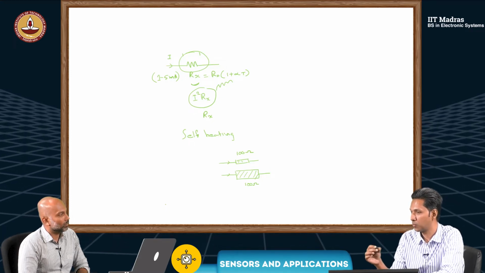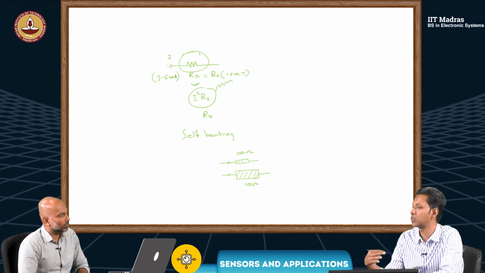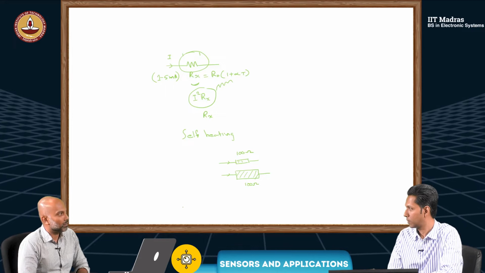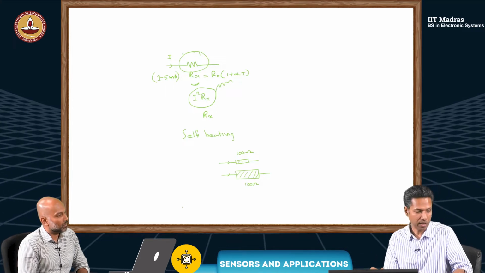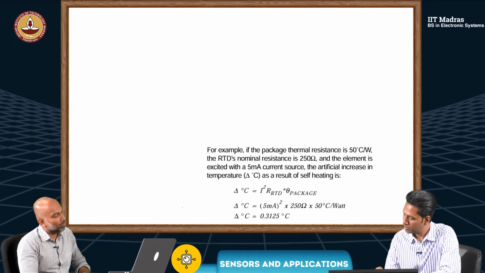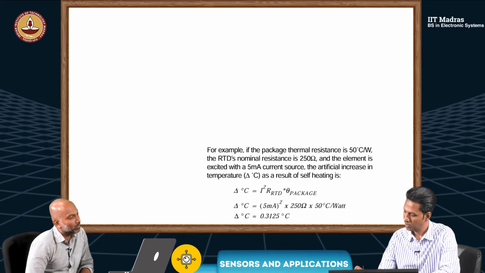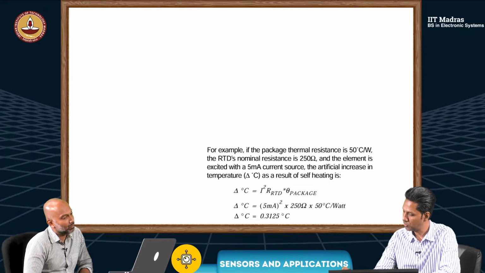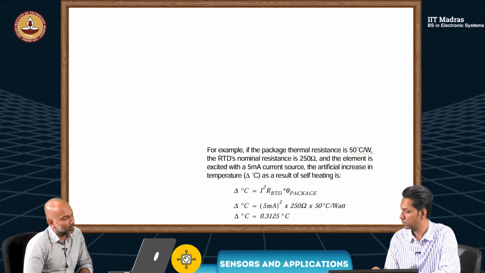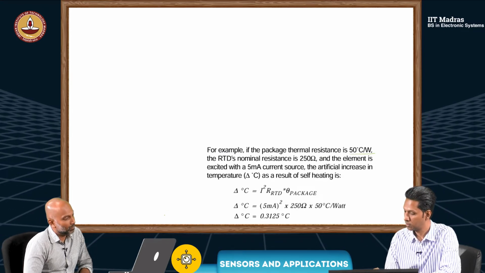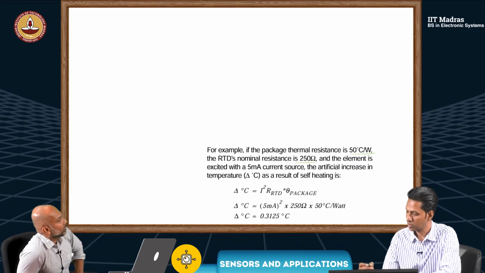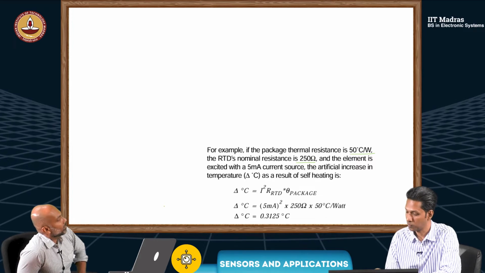Or if there is this much watt loss in that, how much will the temperature increase? I have a small calculation here. They have given an example. Let's say the thermal resistance is 50 degrees Celsius per watt, and the RTD has a resistance of 250 ohm.